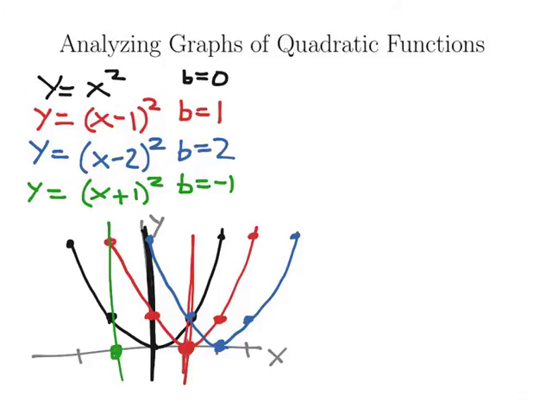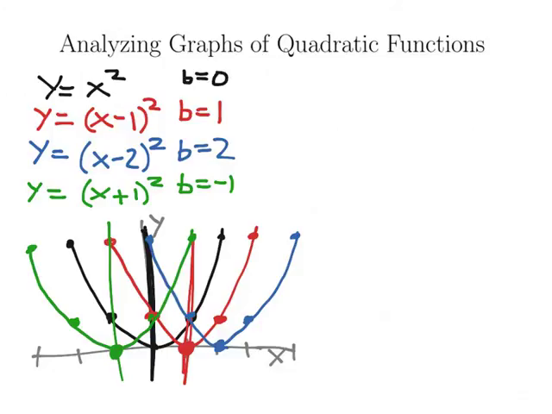And so this will be our vertex. And again, a doesn't change, so we're just shifting our original graph over a little bit. And if I connect these dots, there you have it. So changing b shifts things right or left, and a positive b will shift it to the right, a negative b will shift it to the left.